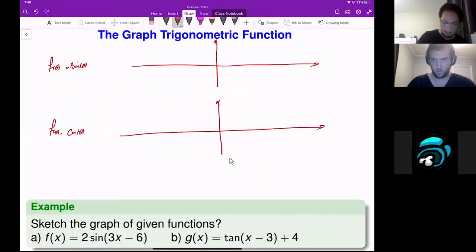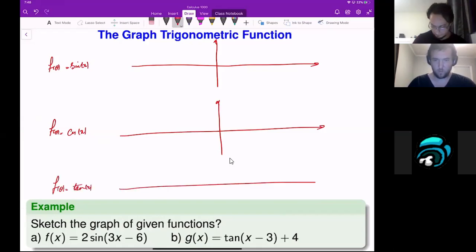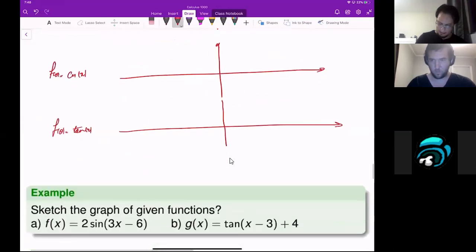You may say it's better, when you're trying to graph something, to use X and Y. Well, I can do that. For tan X, I will need a little bit more things there.